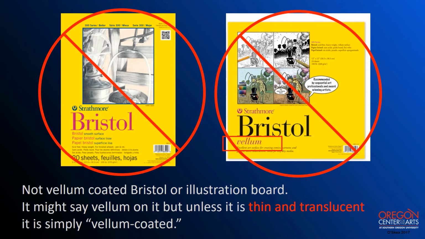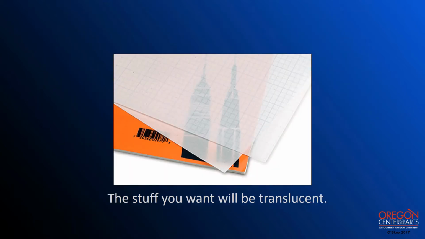So you want something that is thin and translucent, and a sheet of 11 by 17 that you need to draw a ground plan for the generic theater is going to be like pennies, 50 cents maybe at the bookstore. So you shouldn't be spending any more than that. And you don't need to buy a pad of Bristol board that says vellum on it. That's going to cause you problems. So the stuff you want is going to be translucent, it's going to look like this so that you can actually see through it.